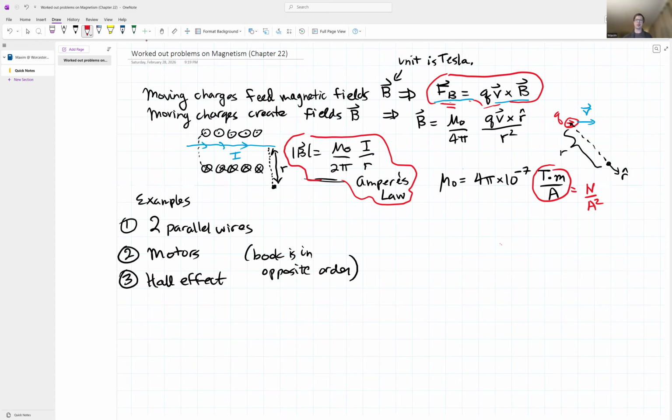And we have to use this cross product to understand which direction these forces and fields are going. And the cross product is accomplished with the right-hand rule. There is a little bit of a trick for problems.